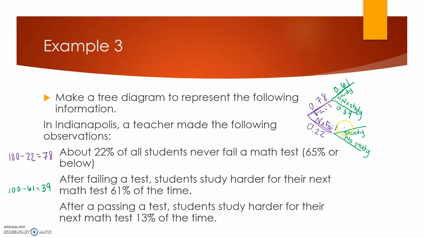So they study harder 0.13 of the time. And if we do our 100 minus 13, we're going to get 87. So that means that 87% of the time, they are not studying harder. Or they're studying the same or less.